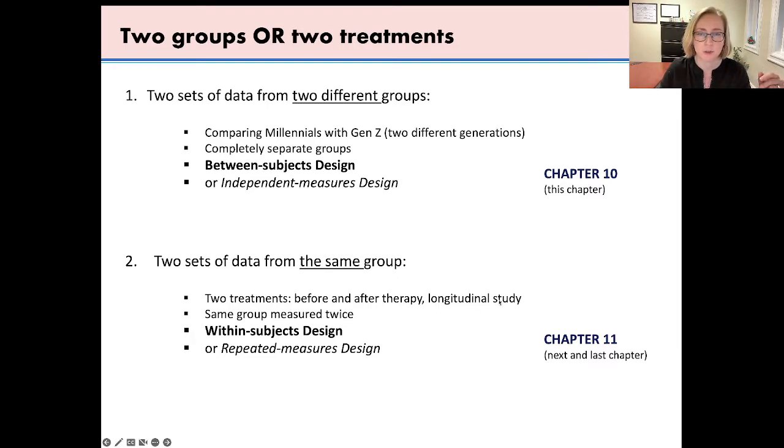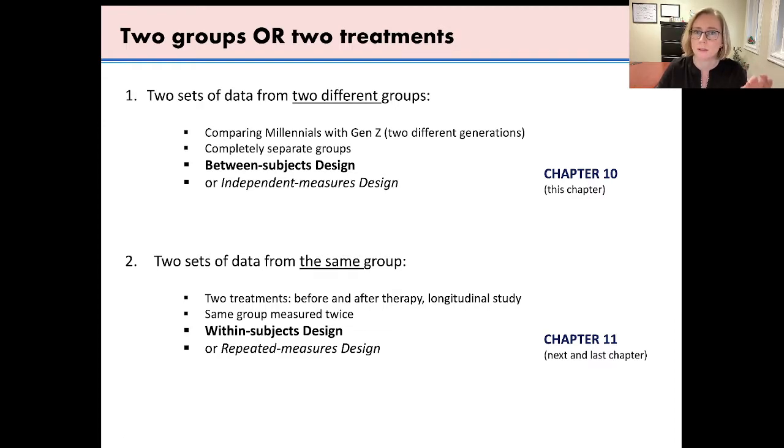It can be a longitudinal study where you take multiple measurements. If you're taking more than two, then you can't just use the t-test. You're going to have to use statistical methods that you learn in Stats 2. But for our purposes, same group, measured twice, you can do the t-test for a repeated measures design. I'm going to walk through it, but honestly, none of this is really new stuff.